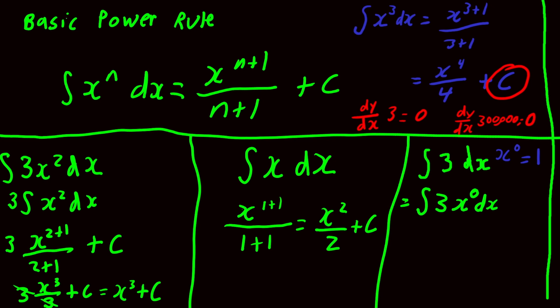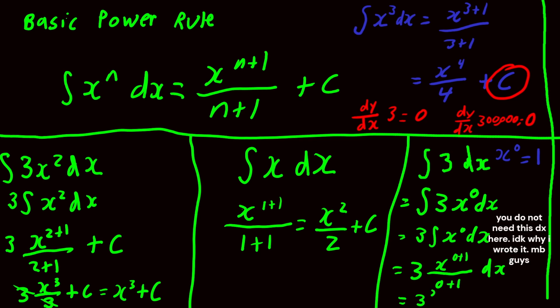Now, I can use power rule, but first let me pull out this 3. 3 times the integral of x to the 0 dx. Let's use power rule. 3 times x to the 0 plus 1 over 0 plus 1 equals 3x over 1, which is just 3x, plus c.